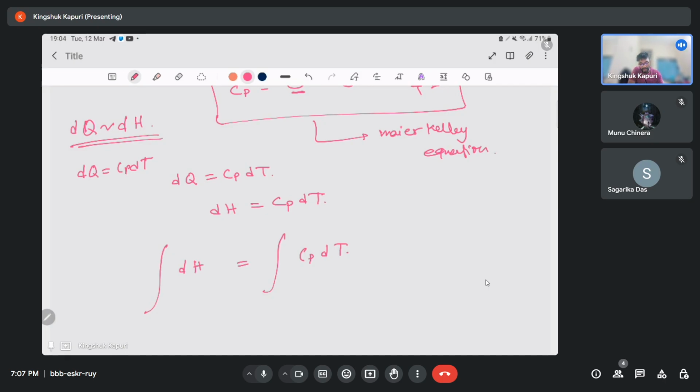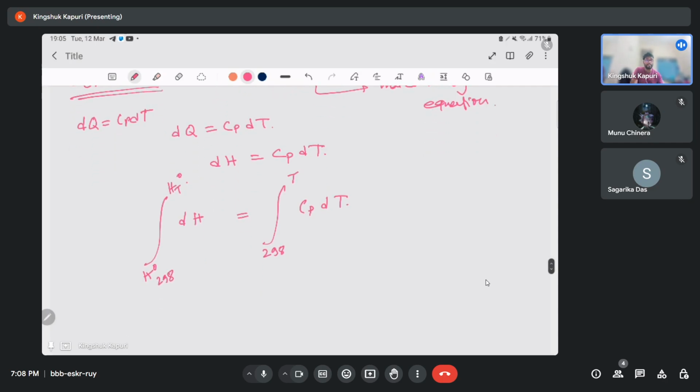The boundary conditions will be: at temperature 298, the enthalpy is H of 298, and when T is unknown, that is at any temperature, the enthalpy would be H of T, capital T. Okay, so this is the boundary condition.